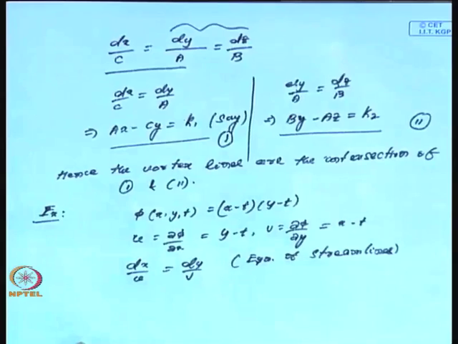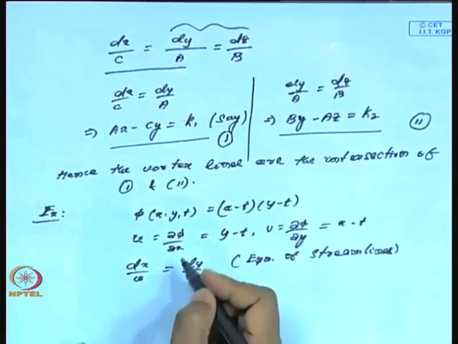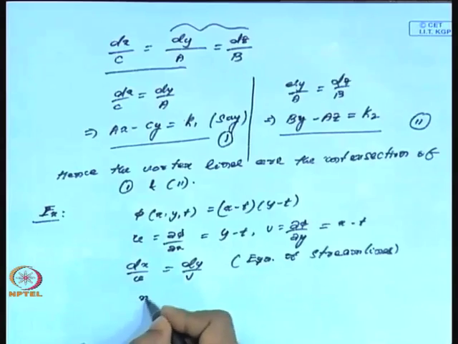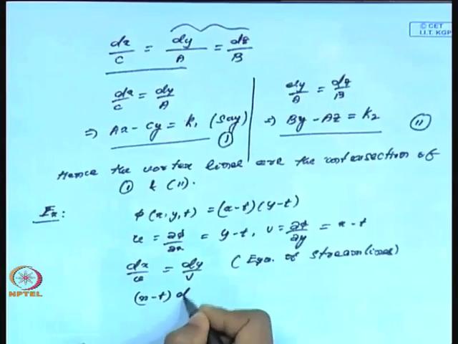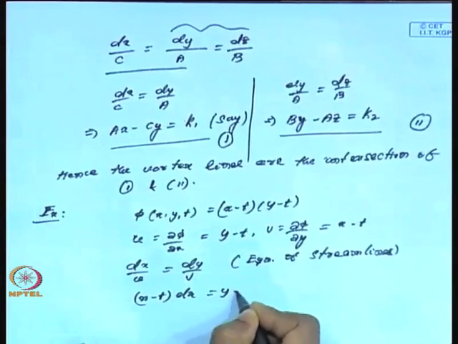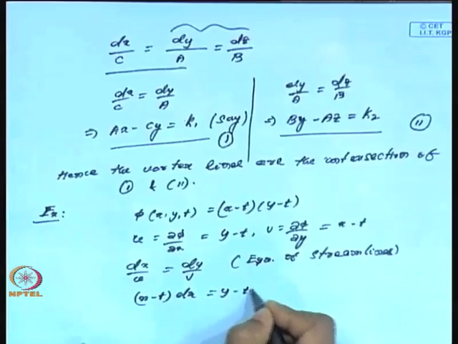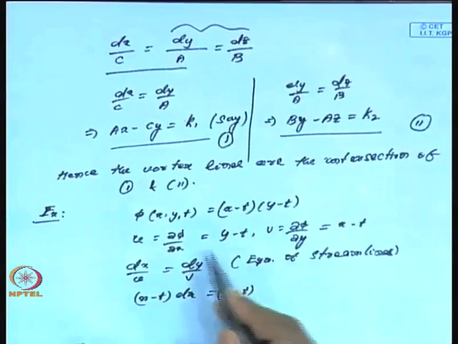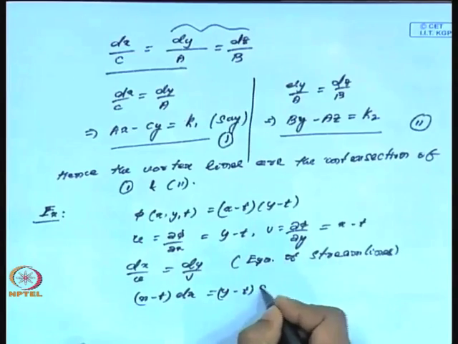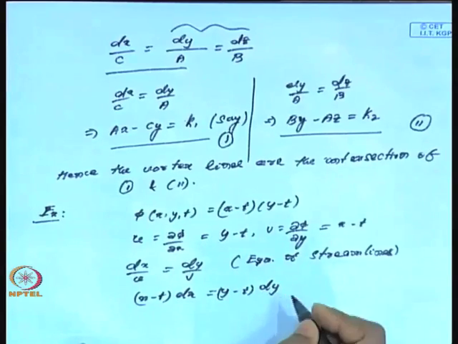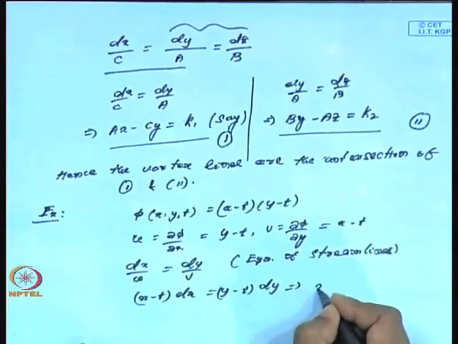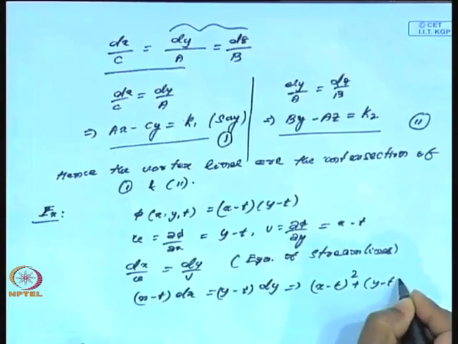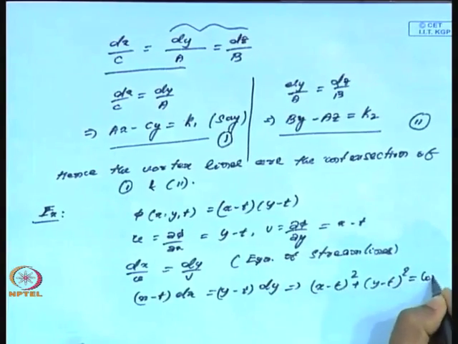If these are the equations of the streamlines, then this will give us (y minus t) dx equal to (x minus t) dy, and that gives us (x minus t) square plus (y minus t) square is equal to constant.